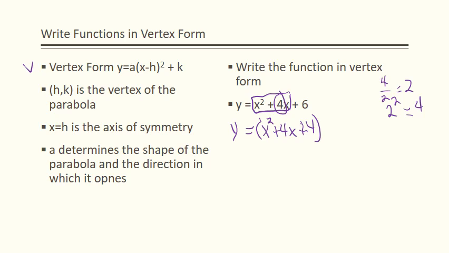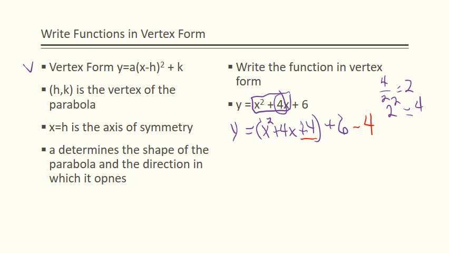And since I'm adding 4 to this equation, over here for this c value or k value where I got 6, since I'm adding 4 right here, I'm going to have to subtract 4 here. If you look at it, in essence I've not changed the value of the equation. I added 4 and I subtracted 4, so the value of the expression remains the same.